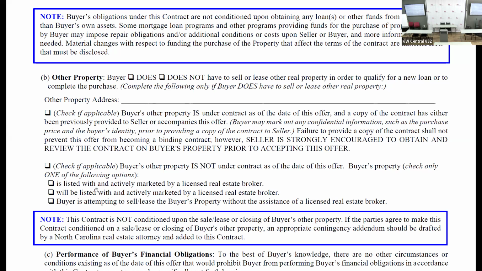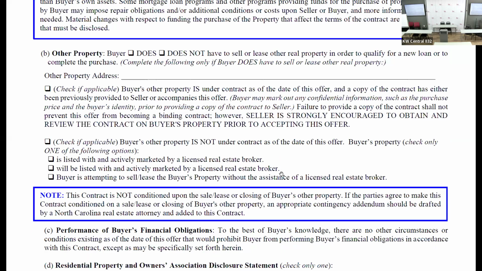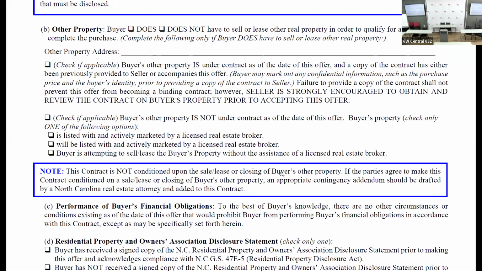Again, this is very material to a seller as to whether or not they would accept this offer. It doesn't make it conditional. It's just disclosure. It's buyer representation. It is not a contingency. We do not have a contingent offer to purchase any longer. We used to.